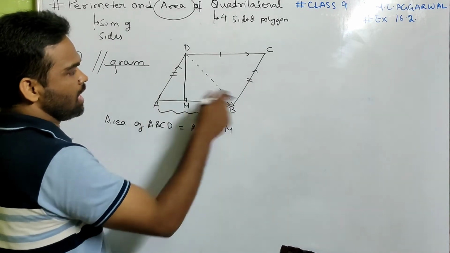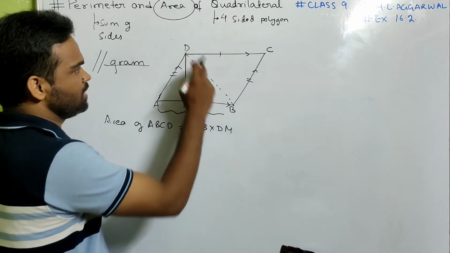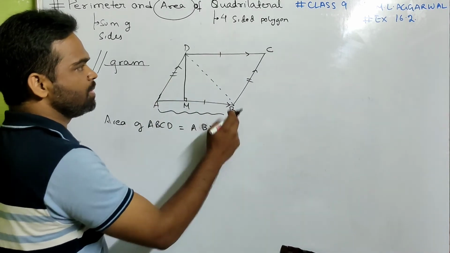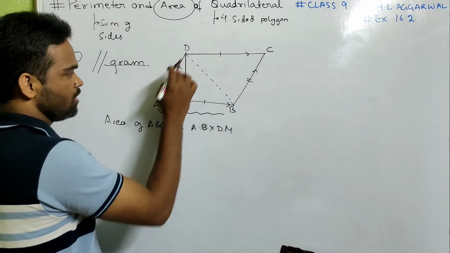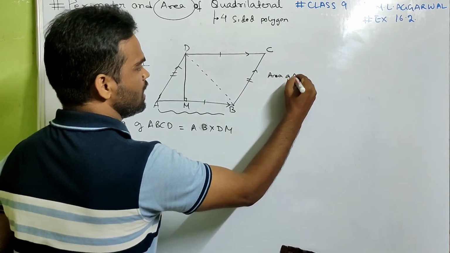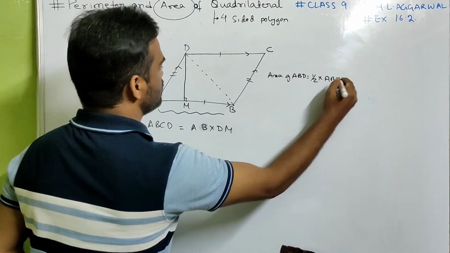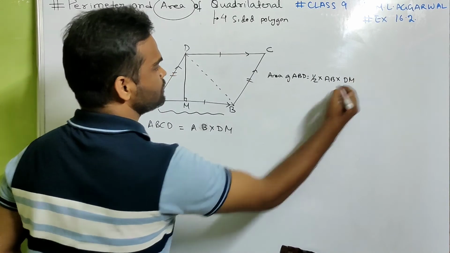I've divided the entire parallelogram by a dotted line into two triangles, ABD and DBC. So area of ABD is half into base into height, which is DM. Yes or no?